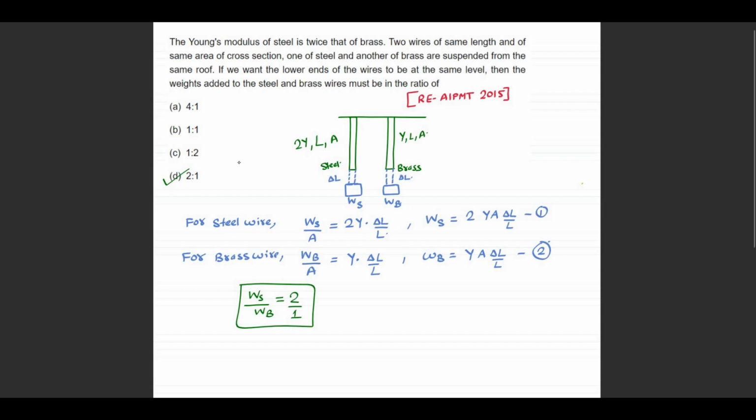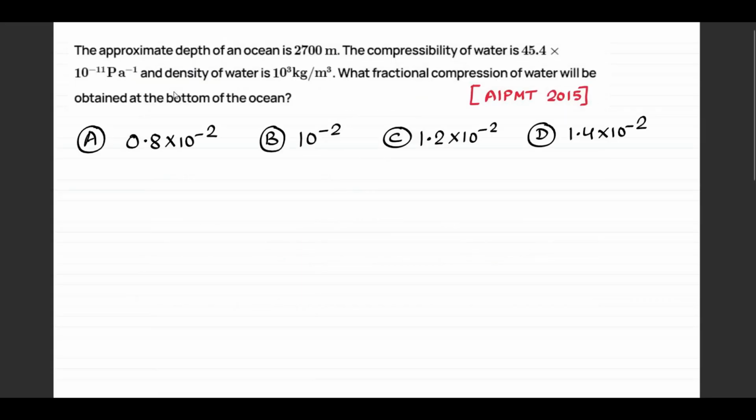Okay, let's move further. The question that we are taking here is from AIPMT 2015. Now there is an ocean that has a depth of 2,700 meters. Okay, what is the fractional compression of water that will be obtained at the bottom of the ocean?